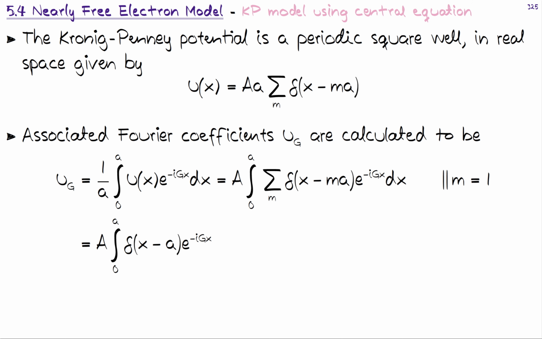We are then left with the amplitude A times the exponent e^(-iga). Now recall the form of the reciprocal lattice vector g, which is 2 pi over small a. So the a's vanish, and we have the exponent e^(-i2π), which must always be unity.